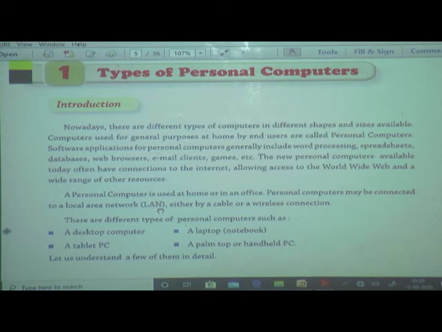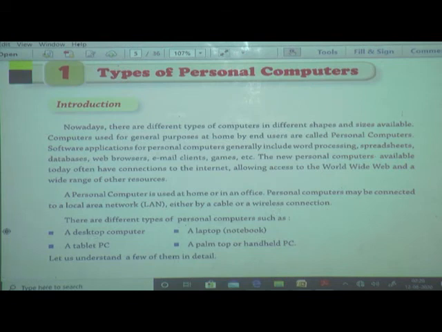A personal computer may or may not be connected to a LAN. If they are connected with each other by using a LAN, it is either by a cable or a wireless network.